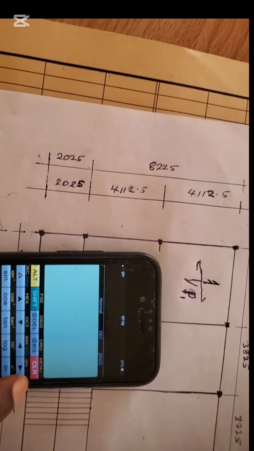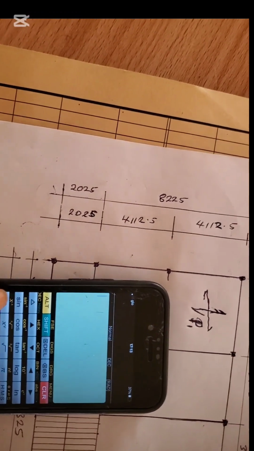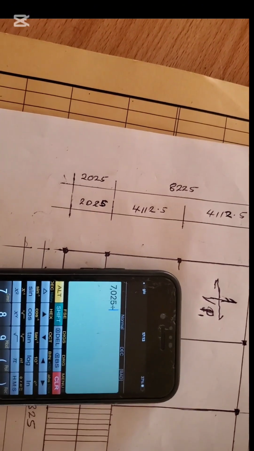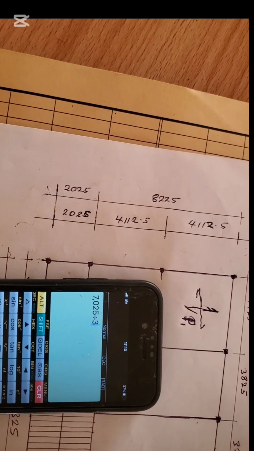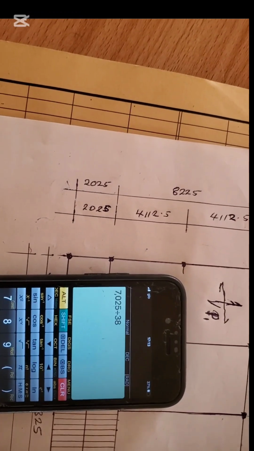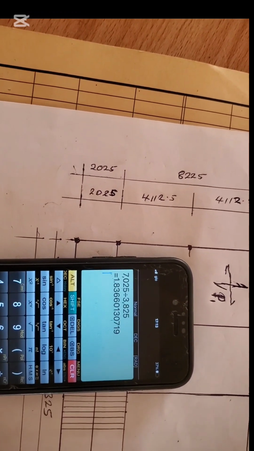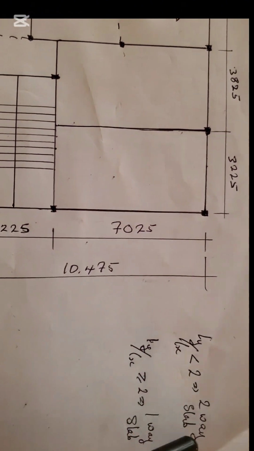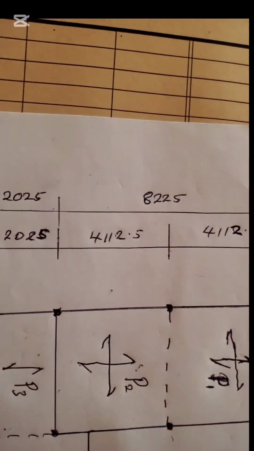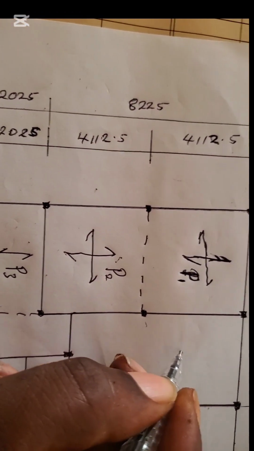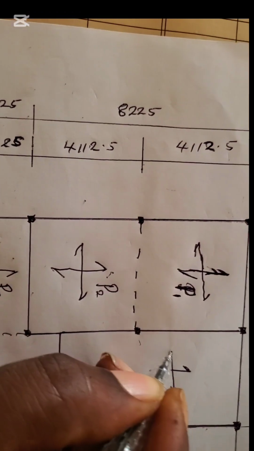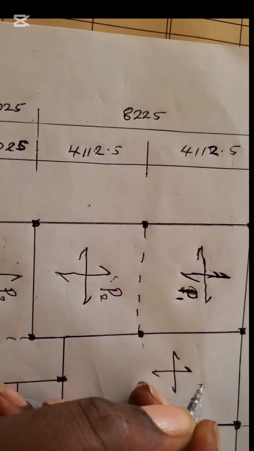So we do our calculations: 7025 divided by 3825 gives 1.8. 1.8 is less than 2, so it's a two-way slab. You can represent this one like this.